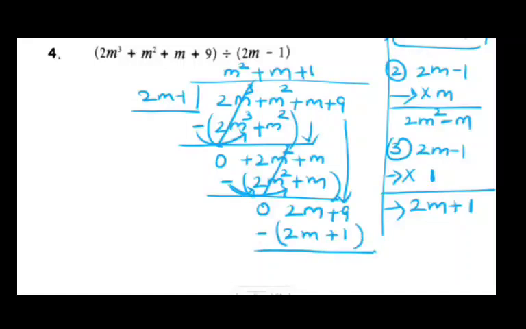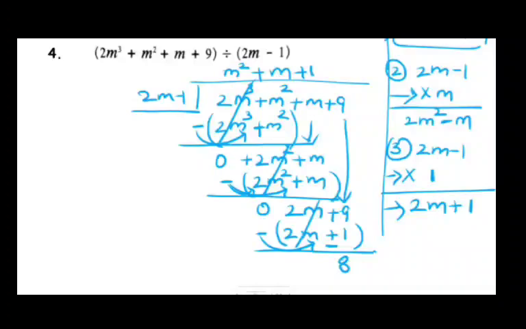Minus sign applied to the whole thing gets eliminated. This minus sign comes here. It becomes minus. So 9 minus 1 makes it 8. Alright? So what happens?